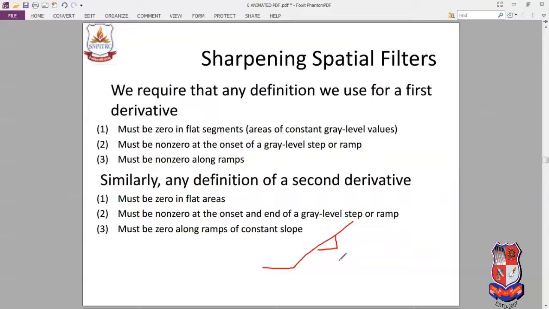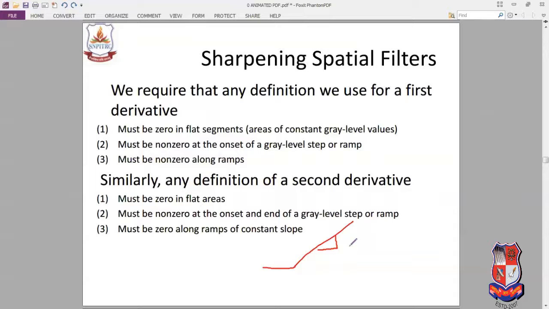Why does this happen? If this is a ramp, we generally represent it by t. Considering that the slope is 1, the formula of this line is x of t equals t. If you take the first order derivative, the derivative of t becomes 1, and the second derivative of 1 again becomes 0.